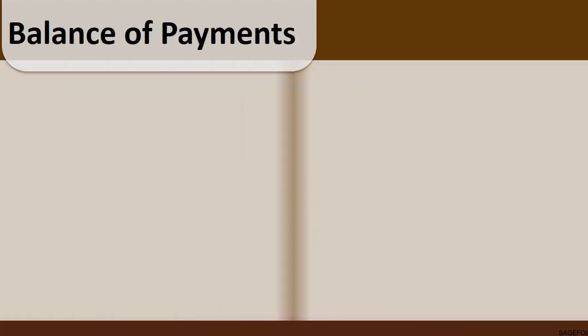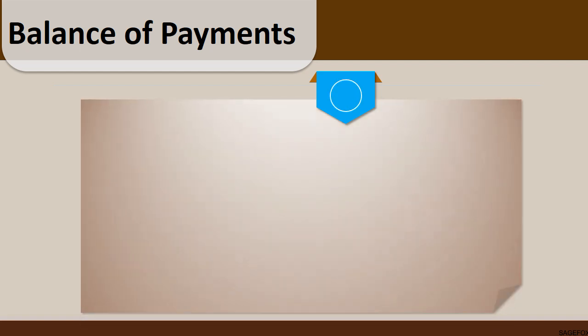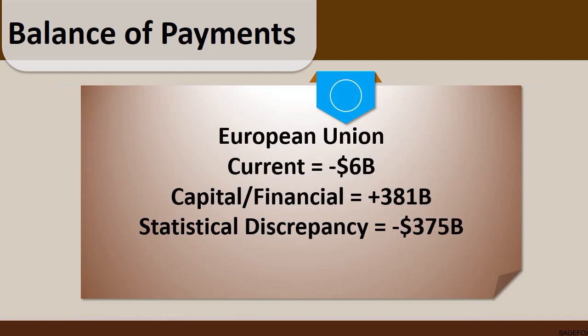I just want to very quickly show you some balance of trade numbers, not overall, but for different countries. So if we look at the European Union as a whole, current account minus $6 billion. So we had a trade deficit last year of only $6 billion with Europe.